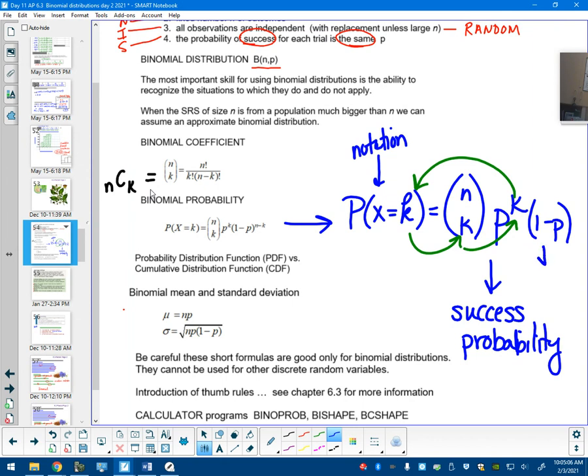So that's your fail rate, which is just 1 minus your success rate. And then the coefficient over here, which is n minus k, you just have to make sure that these two add up to n. And we're going to do enough that this will all make perfect sense here momentarily.